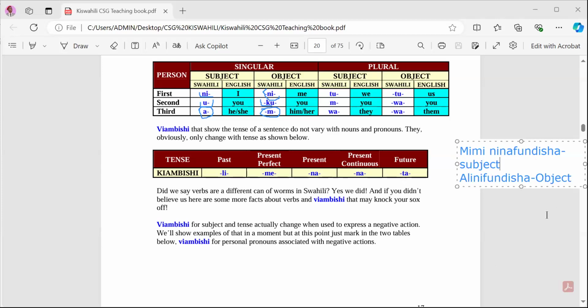The prefix here remains the same. Now in the second part, we said wewe unafundisha. Then you say alikufundisha. The same thing. This is object and this one is subject.